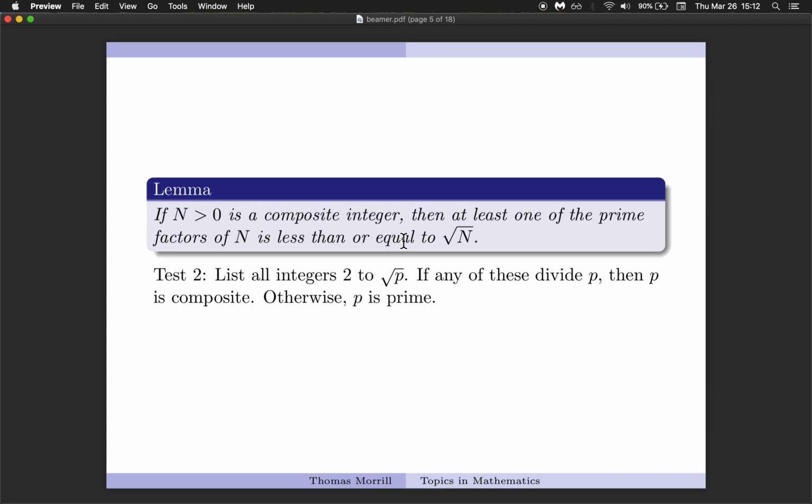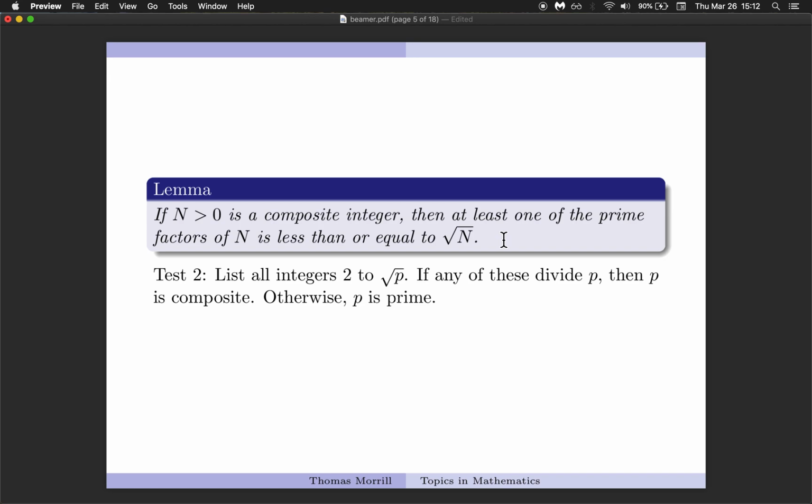If I have some integer n, which is composite, at least one of its prime factors has to be less than or equal to the square root of n. So in my brute force test I was just describing, I only need to go up to the square root of p. Remember, p is the number that I am checking to see whether or not it is prime.